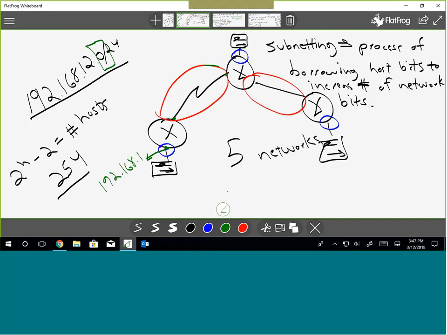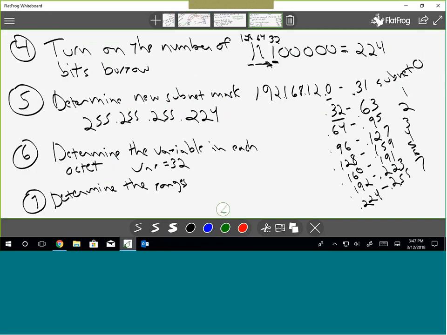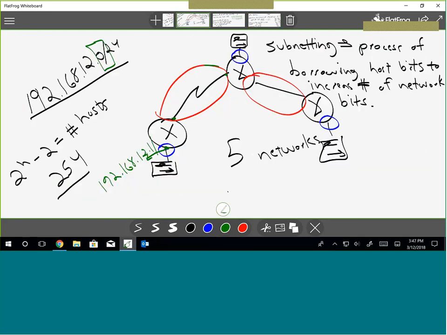Now what is my slash notation for this new mask we came up with? Because remember, it doesn't work unless we use the new mask. That's slash 27, exactly. You take 24 plus 3. So I can take this network as slash 27, and all of my hosts down here can be any number from .1 to .30. I've already used 1, so you'd have to use 2.